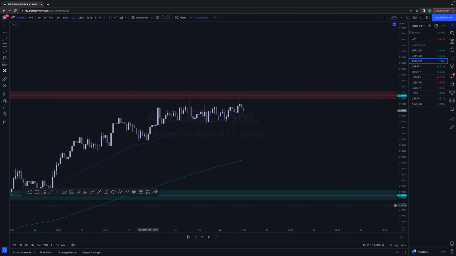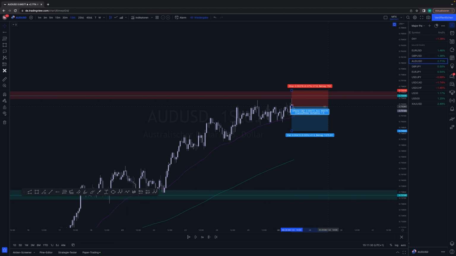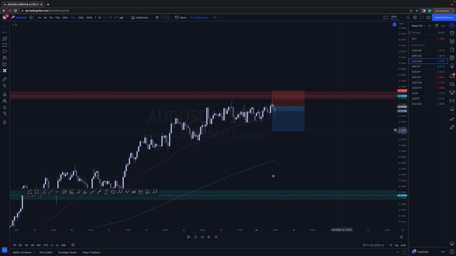You can already go short right here on this candle. Stops go above the zone, and we target in. Now, guys, what I said before, when you go against the trend, I'm targeting a 1.5.